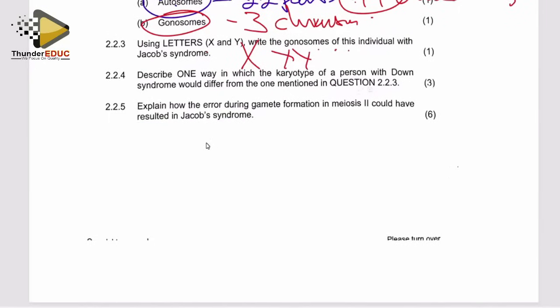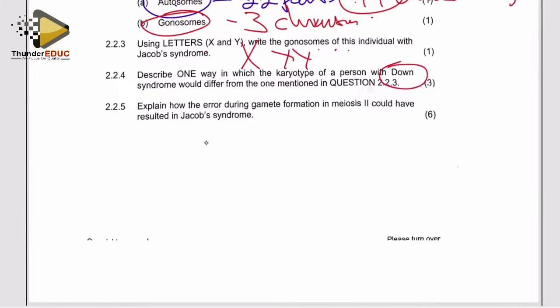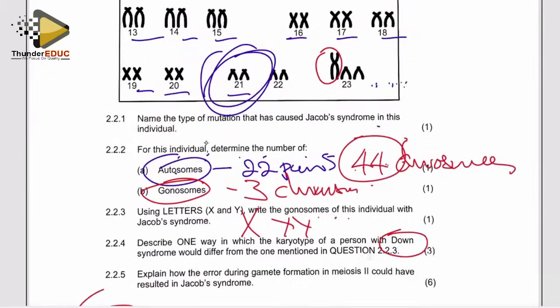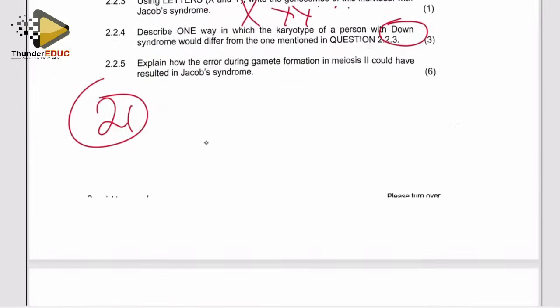They're saying describe the way in which the karyotype of the person with Down syndrome will differ from the one mentioned above. Remember, in Down syndrome, the trisomy happens on chromosome number 21. The 3 chromosomes will appear on chromosome number 21, while this one appeared on chromosome number 23.